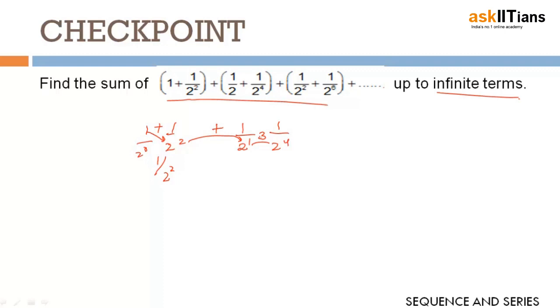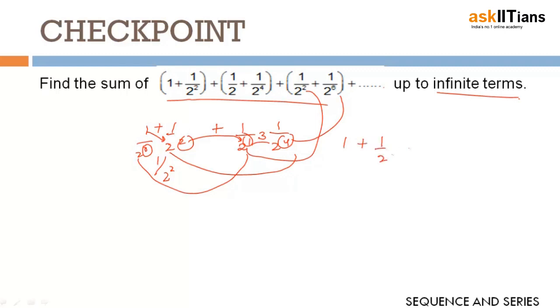So it means we are not going right. But if I see alternate terms, then 0 to 1, 2 to 4, then the next term is 1 to 2, 4 to 6. Yes, now I get my GP like this: 1 plus half plus 2 square, the next term will be 2 cube, and it will go to infinity, and the second GP will be 1 by 2 square plus 1 by 2 raised to power 4 plus, so both are GPs but both have different ratios.